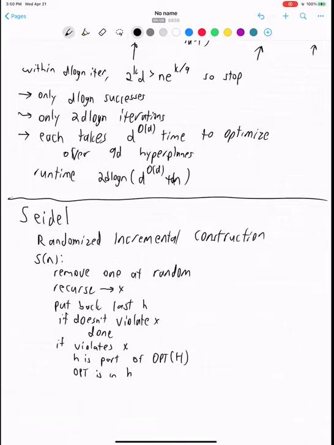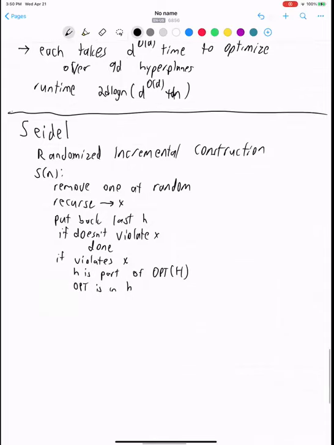And this is something that we never found with the other algorithms, right? The other algorithms gave us a collection of hyperplanes that contained an optimum hyperplane. But now Seidel's algorithm is definitively saying this is one of the hyperplanes of opt. Okay, now that lets me do something I couldn't do before.